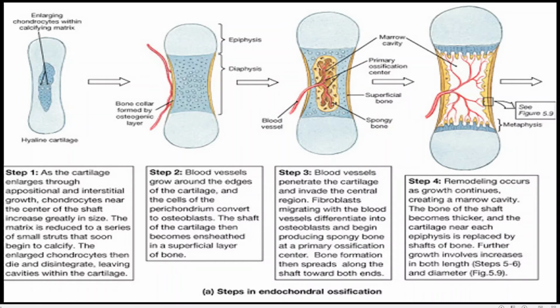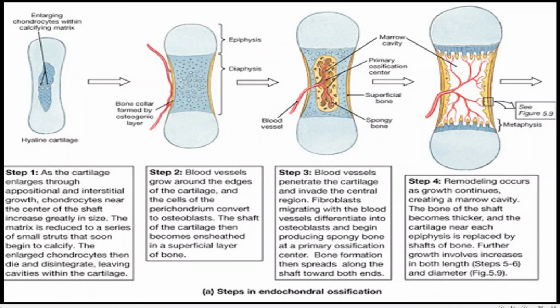So the first one is a bone collar forms around the middle of the cartilage model and the degeneration of the underlying cartilage. The second one is followed by invasion of the resulting ossification center by capillaries and osteoprogenitor cells from the periosteum.